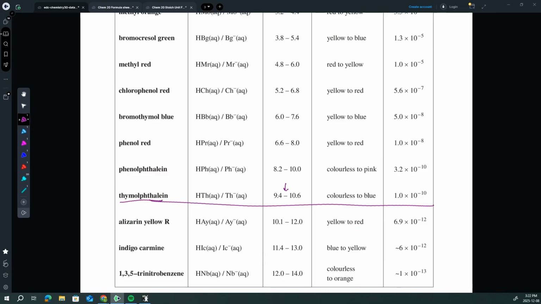So we're going to say, okay, our indicator that we're choosing is thymolphthalein, and its color change is colorless to blue. Okay, so that's what we're going to be writing.